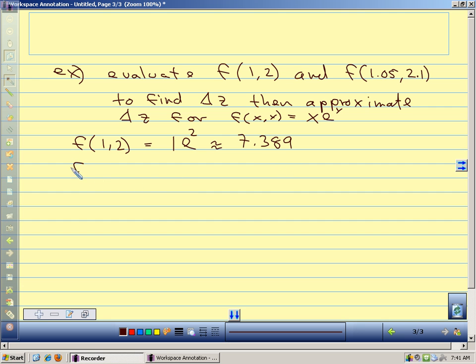For my next point, f(1.05, 2.1) is 1.05 e to the 2.1, approximately 8.574.